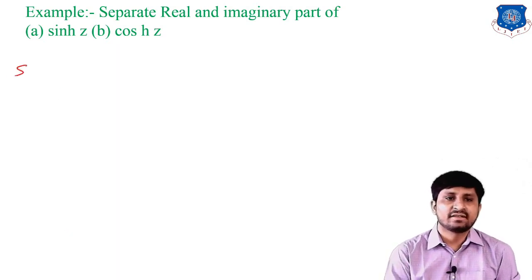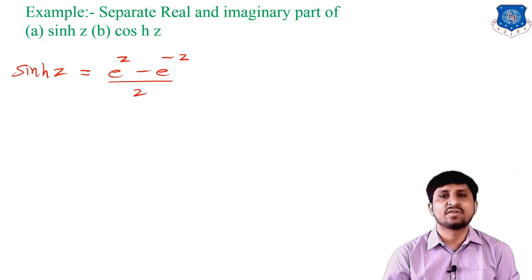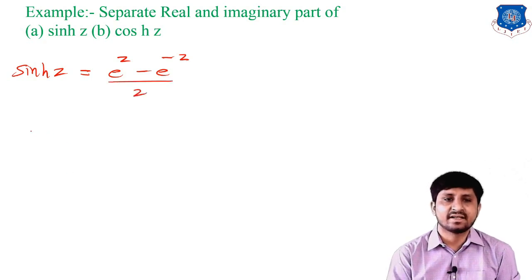Now next topic: separate real and imaginary part of sin hyperbolic z. We know the formula for sin hyperbolic z is e raised to z minus e raised to minus z divided by 2, and instead of z we can write x plus iy. So that can be written as e raised to x plus iy minus e raised to minus x plus iy, divided by 2.